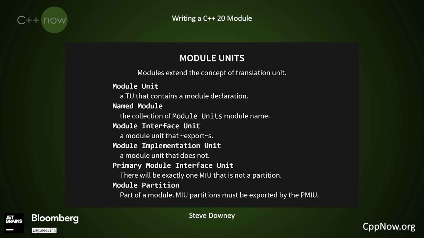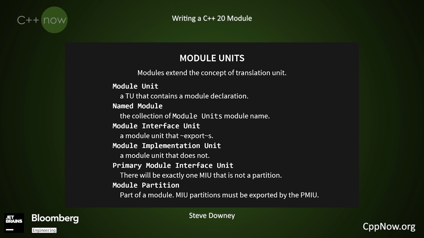Let's talk about module units. Essentially, modules extend the concept of a translation unit, the fundamental unit that we've always worked with in C++. A module unit is a translation unit that contains a module declaration. Named modules are the collection of module units with the same module name. A module interface unit is a module unit that exports.